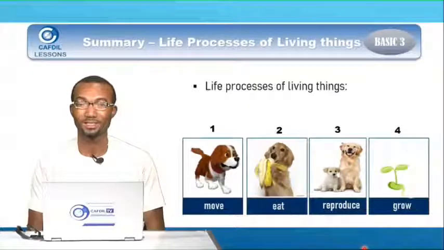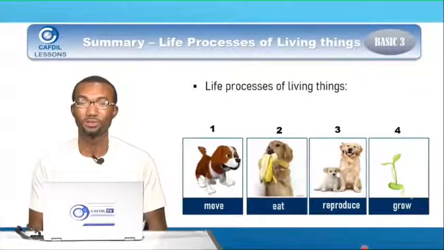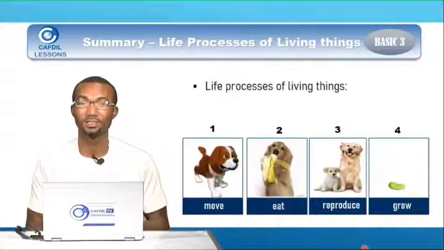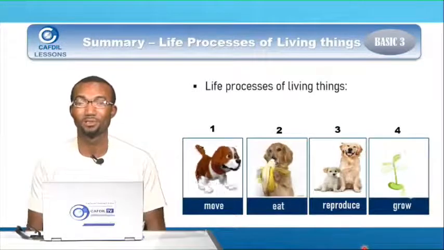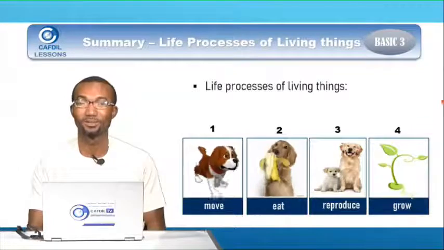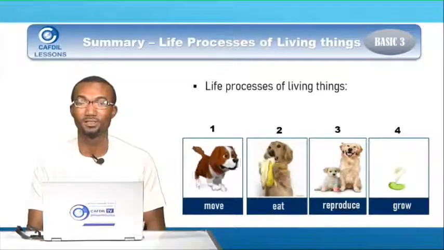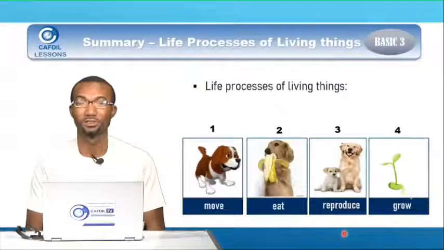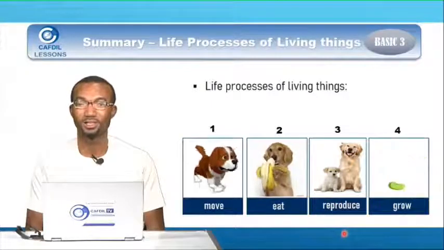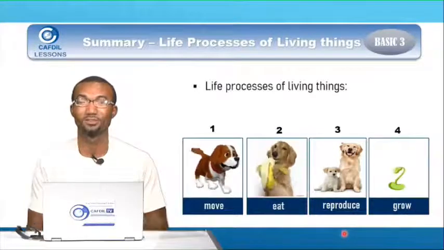We also talked about the third one, that is reproduce. When we hear reproduction, it means that they produce young ones that look like them. So you see this dog and a small puppy. So living things reproduce. That is, they produce young ones. And the last one we looked at is growing.